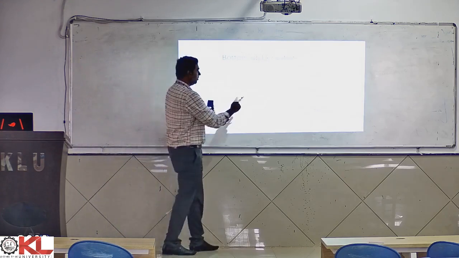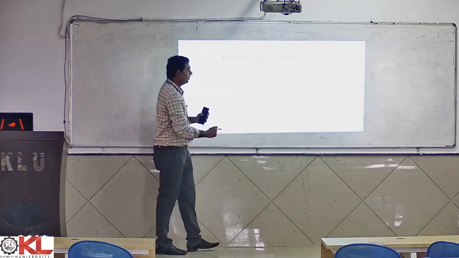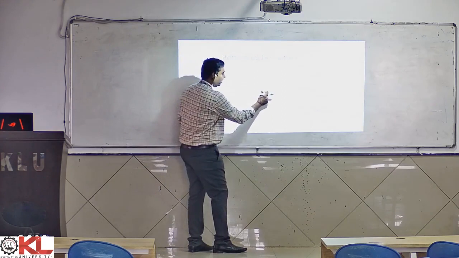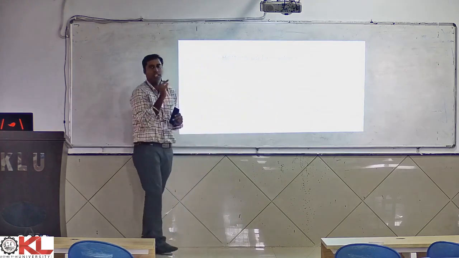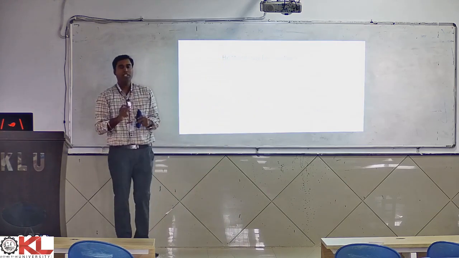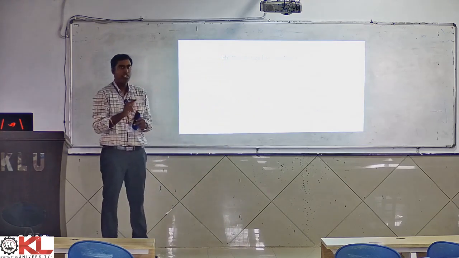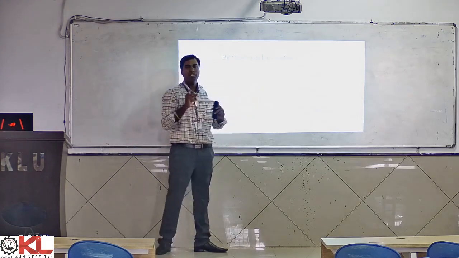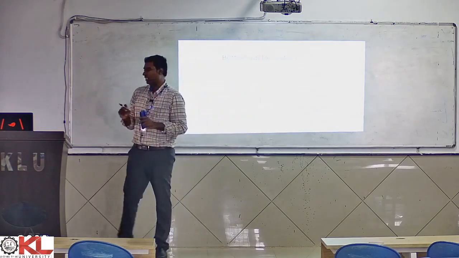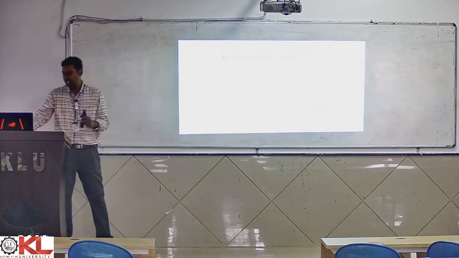How to reach that? First step, we will check each individual word and what category it belongs to: whether it belongs to the category of noun, verb, or determiner. First we will check using the set of rules given in the grammar.